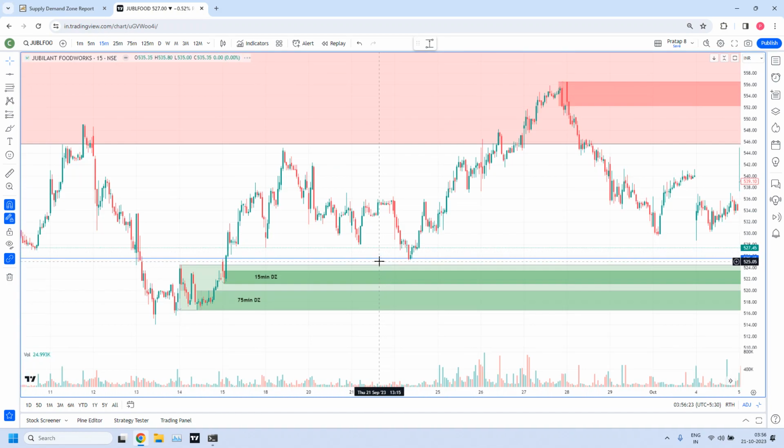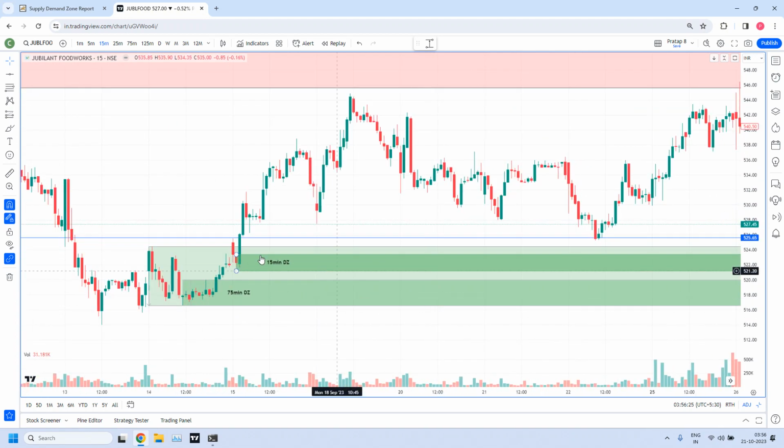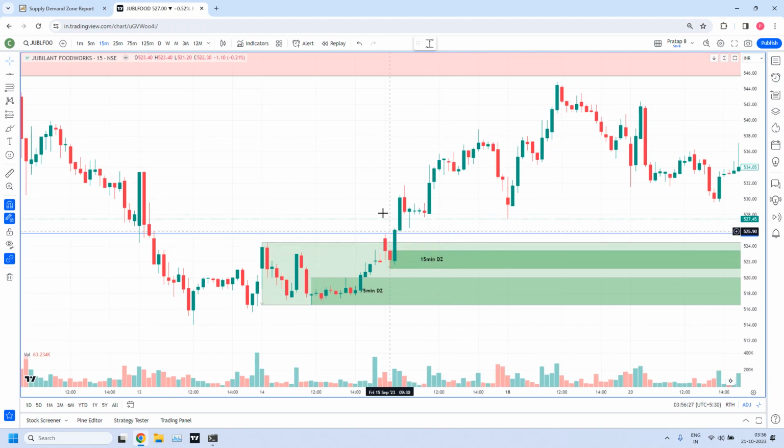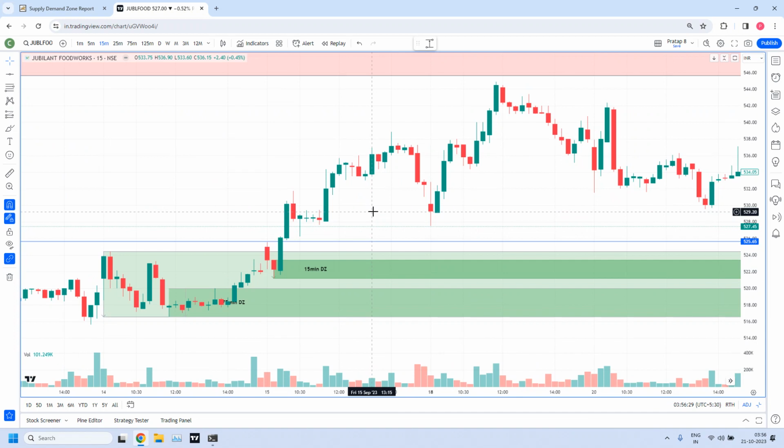So this is how I found a very good drop base rally pattern. Reason number one, look into these rally candles. The leg out, excellent leg out. See the follow through candle, excellent. After that, these buffers are not letting the price go down.